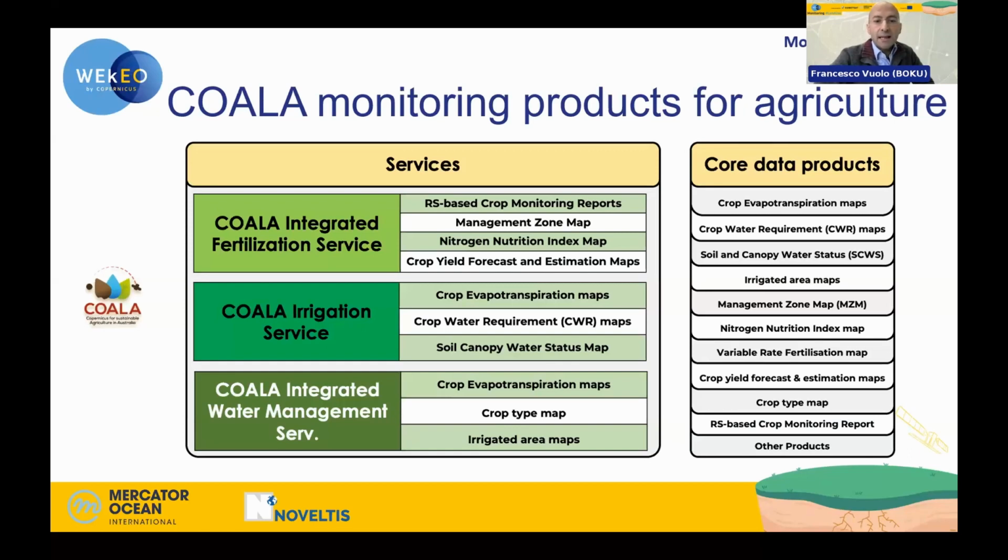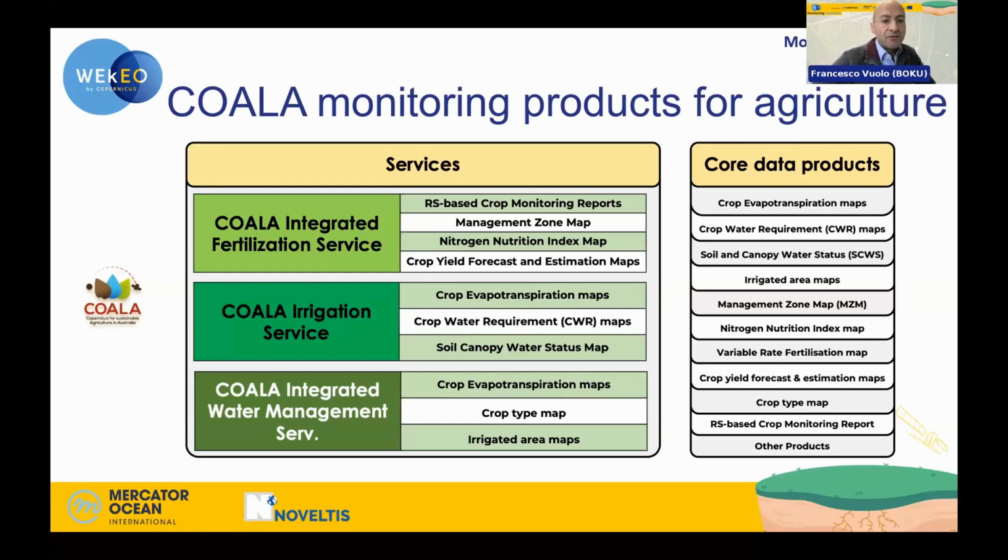And here, satellites can help to, for example, understand how much water plants are using. I'm talking about the crop evapotranspiration. And if you know how much water the plants are using, you know as a farmer how much water you have to integrate with irrigation, with providing water to the plants.